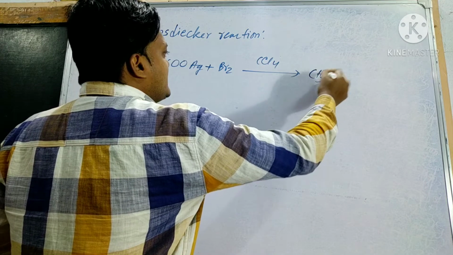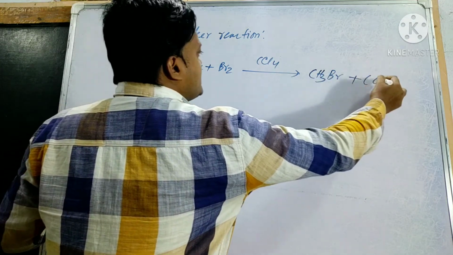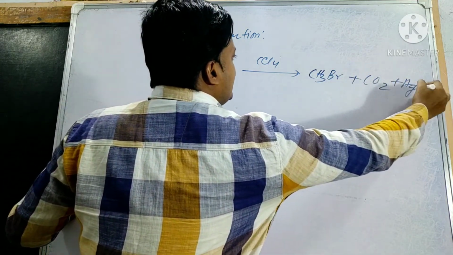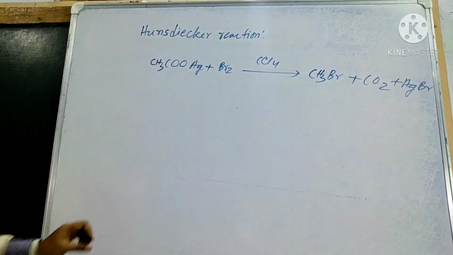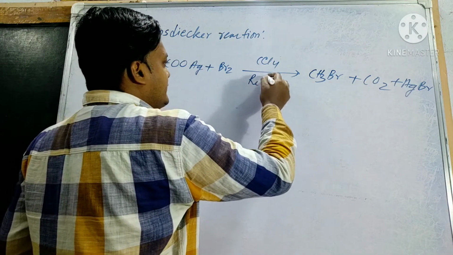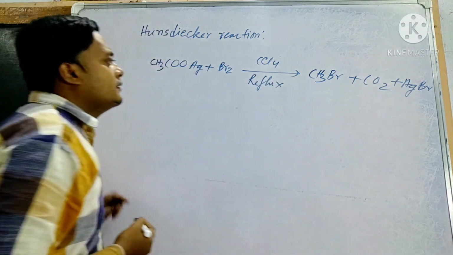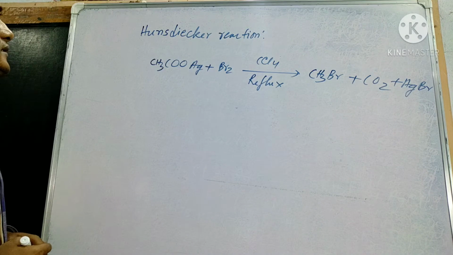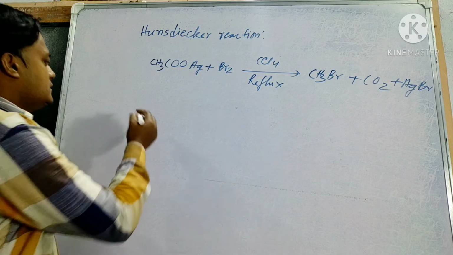Now see, CH3Br plus CO2 plus AgBr, and we have to reflux the system. That is Hunsdiecker reaction.